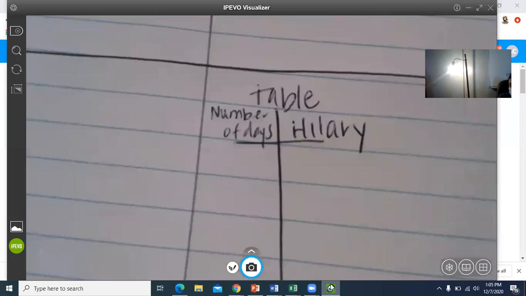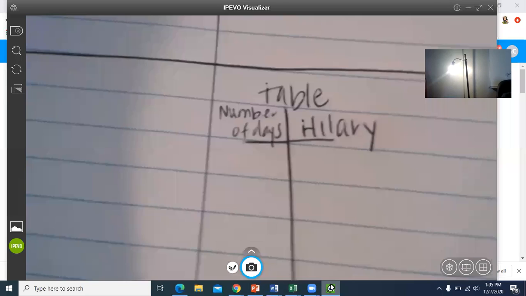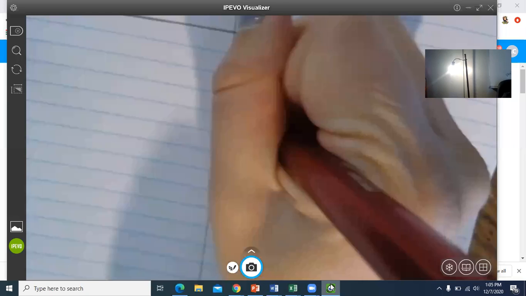Now, in the problem, they told me to make a table for 0 through 10. Okay, so I write 0 through 10.